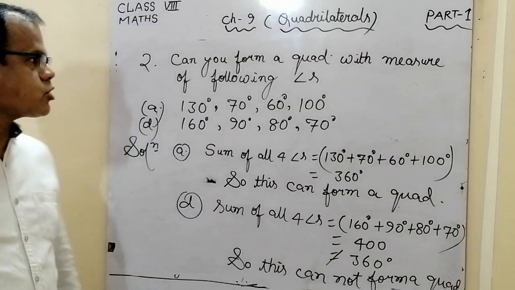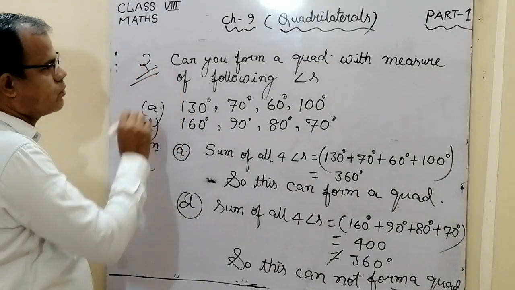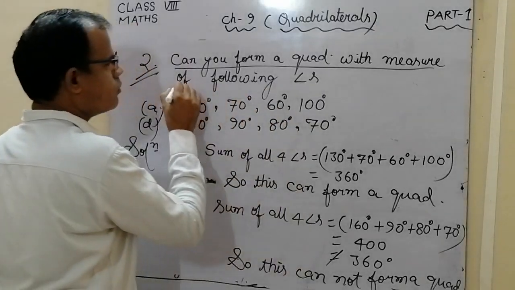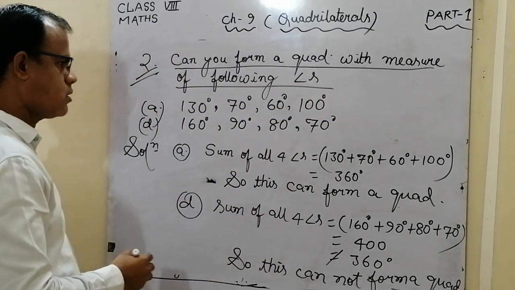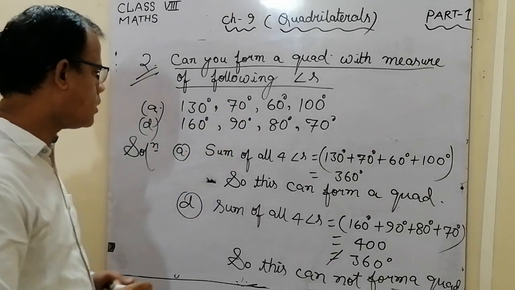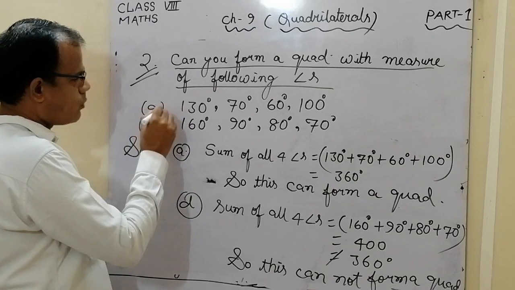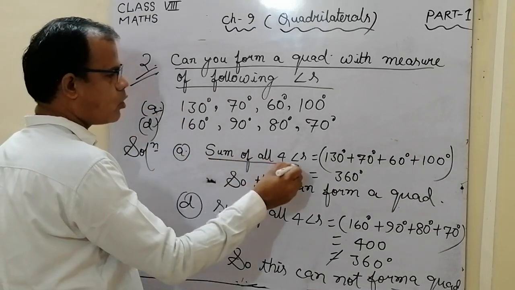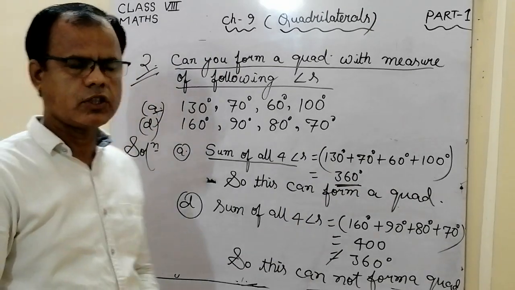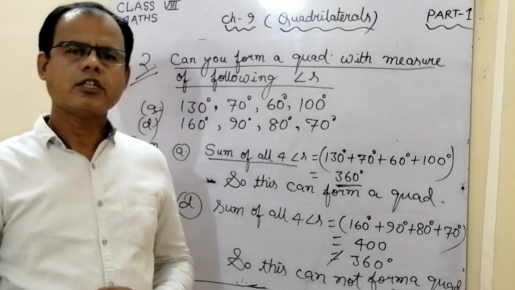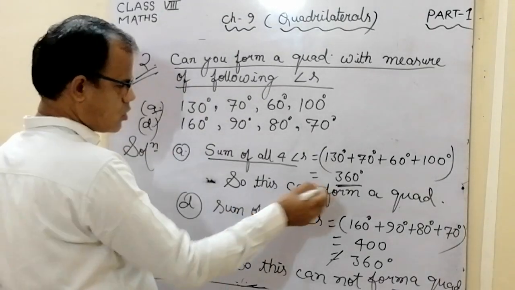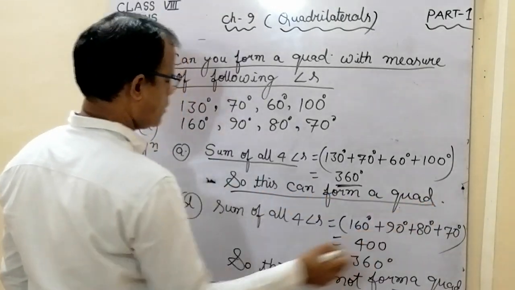Yes student, next question, question number 2. Can you form a quadrilateral with the measures of the following angles? We have been given 4 angles, so can we form a quadrilateral? Look here, A part. The sum of all 4 angles becomes 360, and as we know, angle sum property of quadrilateral is 360 degrees, so this can form a quadrilateral.